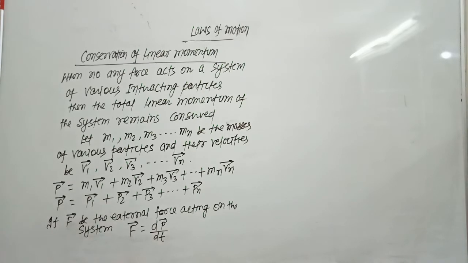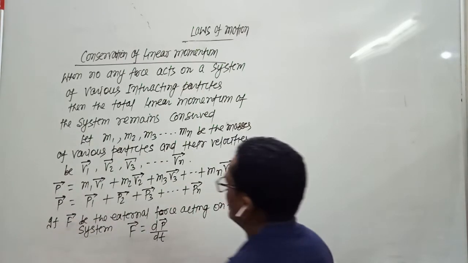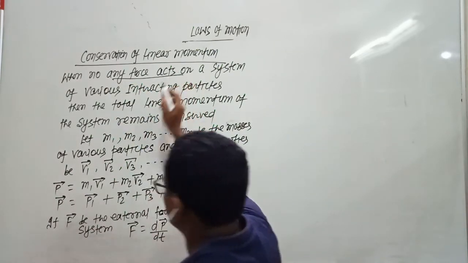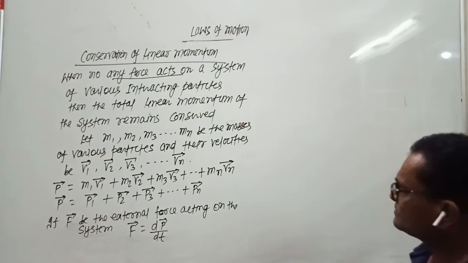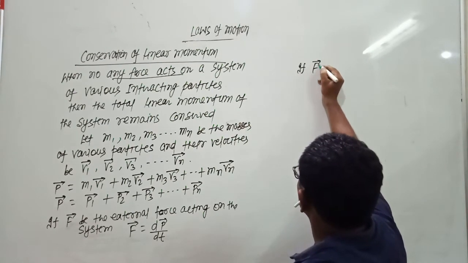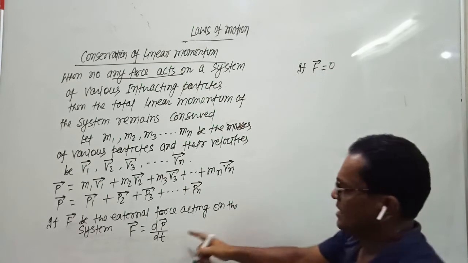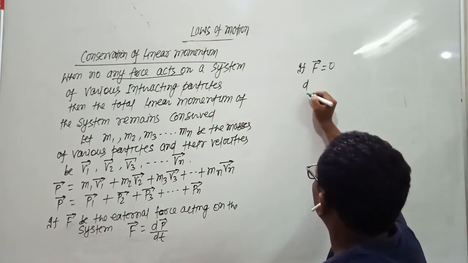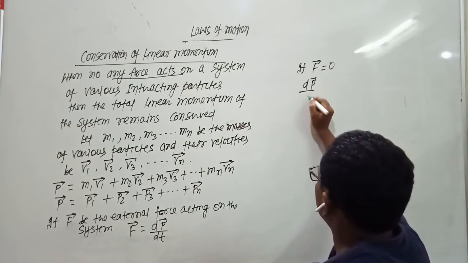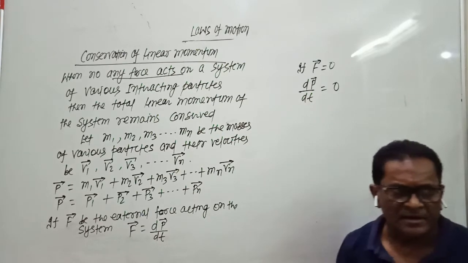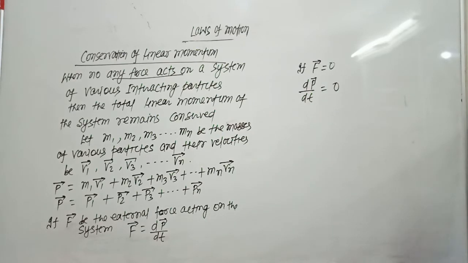And if F is equal to 0, when no force acts on a system, so if external force is 0, it means dp by dt will also become 0. dp by dt is equal to 0.